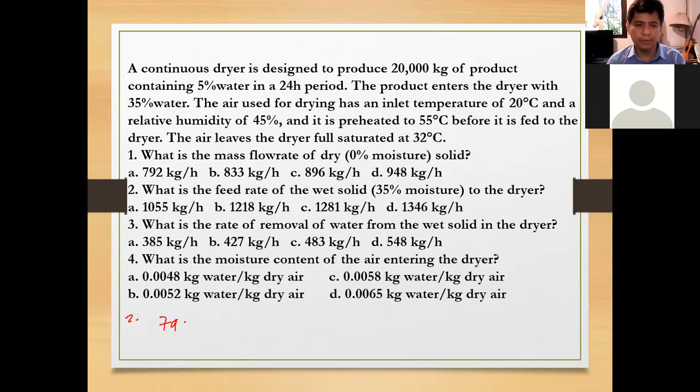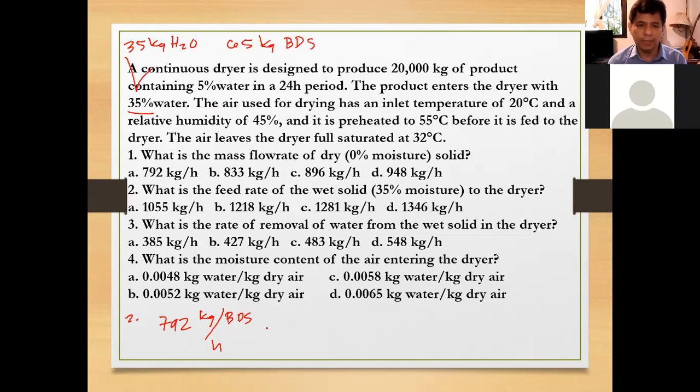Conversion din lamang ito, kilogram per hour. This is kilogram of bone dry solid per hour. Kailangan natin yung raw mat. Sabi ng problem, 35% yung water, wet basis. So, ibig sabihin ng 35% na water, you have 35 kilogram water plus 65 kilogram bone dry solid.